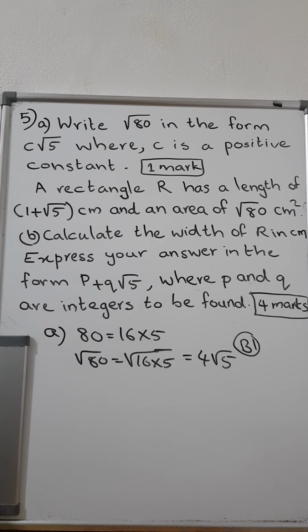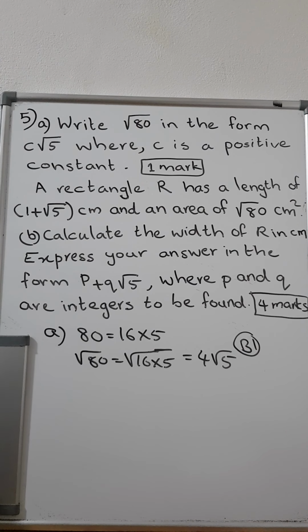Then we have a rectangle R. A rectangle R has a length of 1 plus root 5 centimeter and an area of root 80 centimeter square.